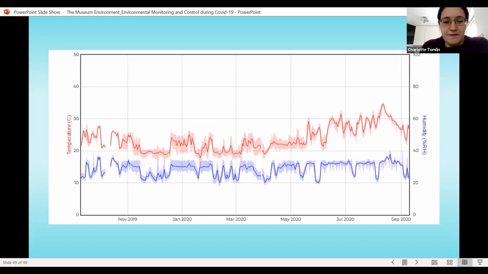So we'll finish with this last graph, which is showing the RH and temperature in a controlled environment. So this environment was controlled to a low RH as it was storing archaeological collections. So you can see with the RH, which confusingly we've gone back to red being temperature and blue being relative humidity, so this is the RH.